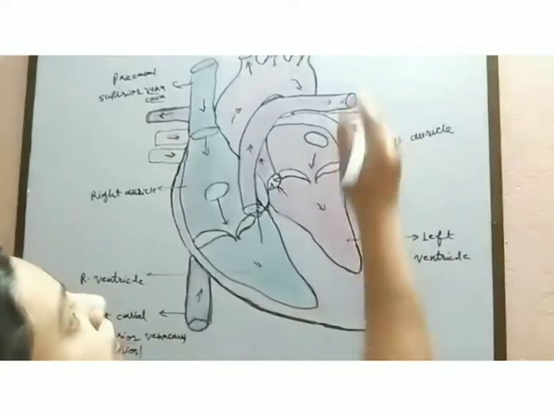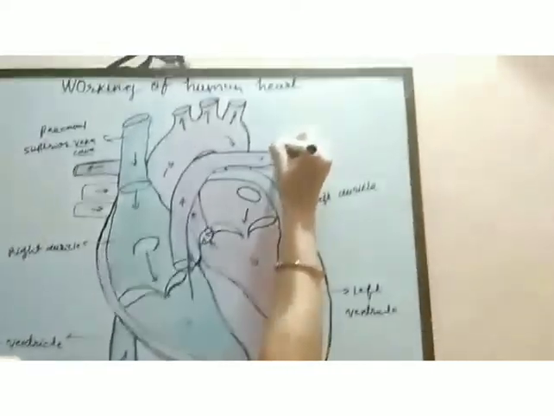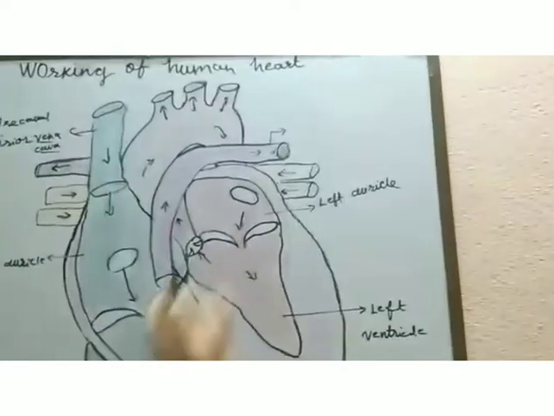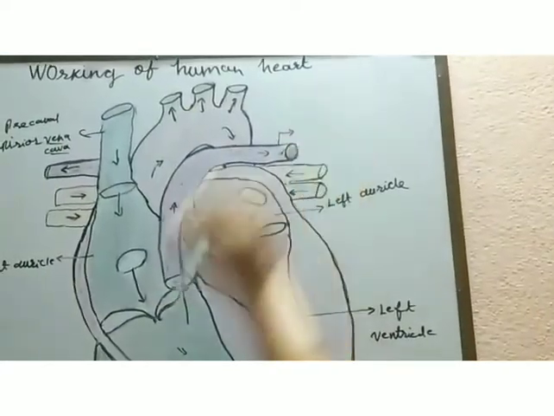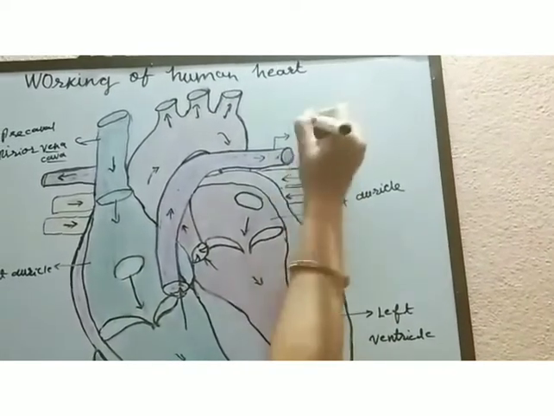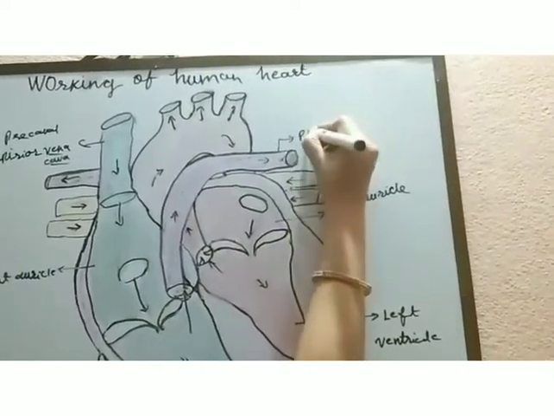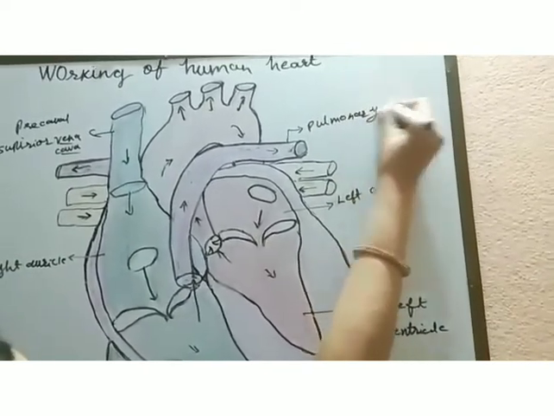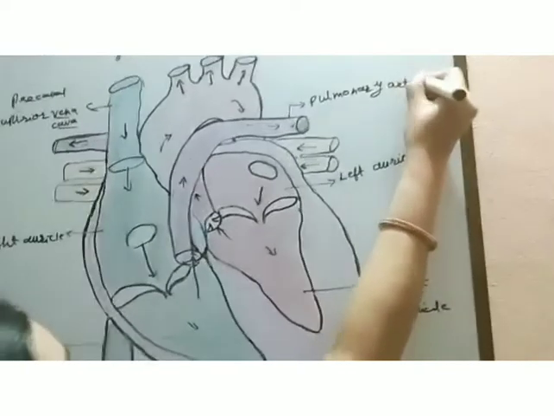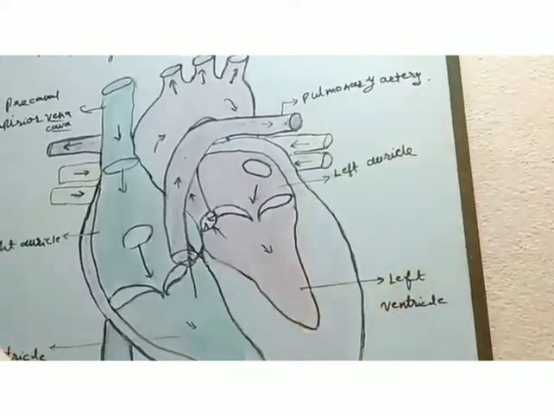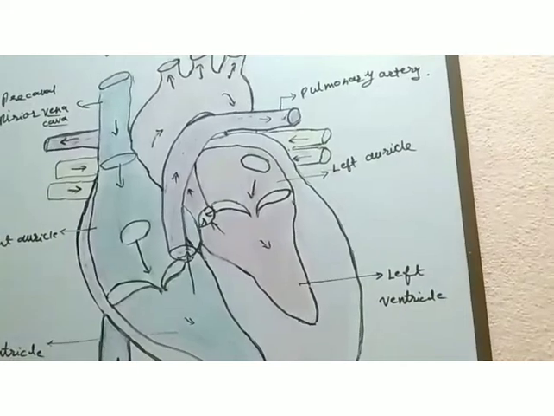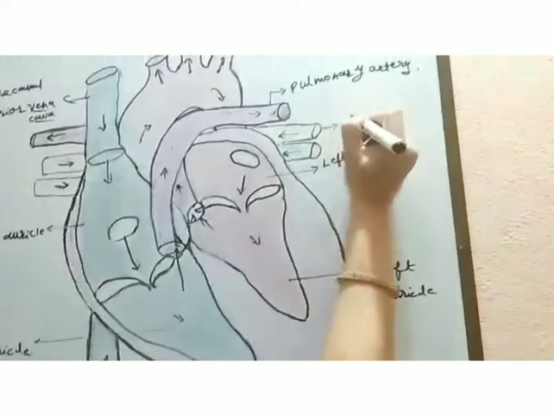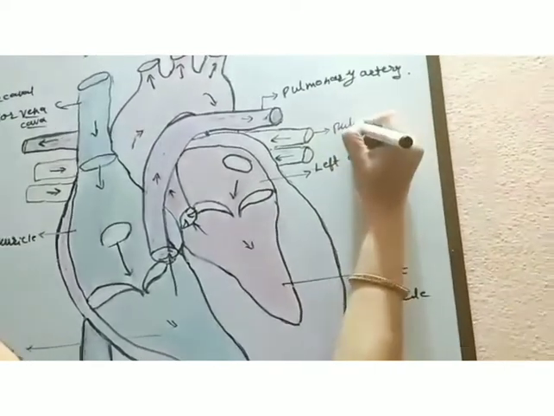Then the blood vessel which takes blood from the right ventricle and carries it towards the lungs is the pulmonary artery, and the vessels which bring pure blood from the lungs to the heart are the pulmonary veins.